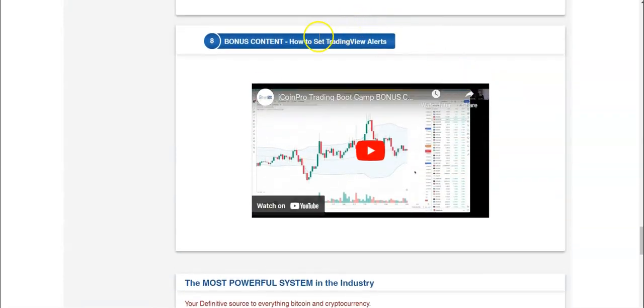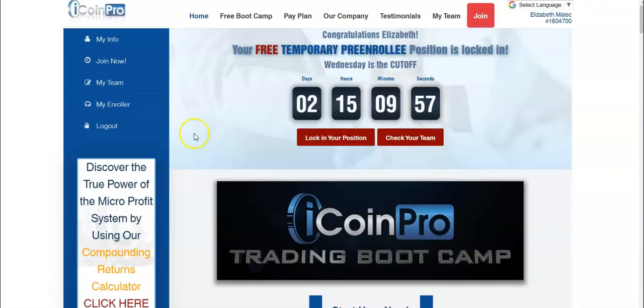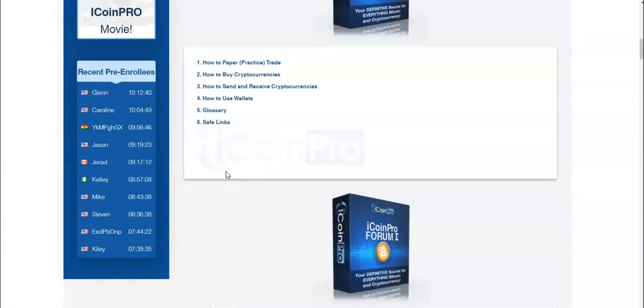And then you even learn how to set up TradingView alerts so that you don't have to watch charts all day. Very powerful. Then after that, you can actually learn how to paper trade as well. So click Free Bootcamp, scroll down, we've got how to paper trade. How to practice.